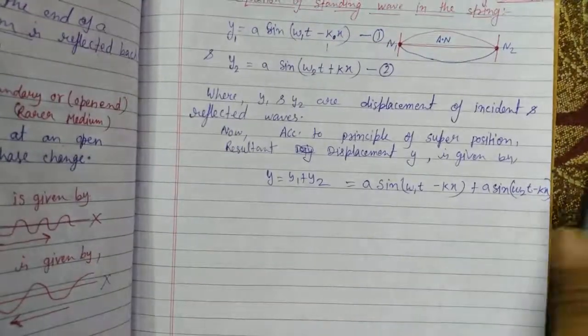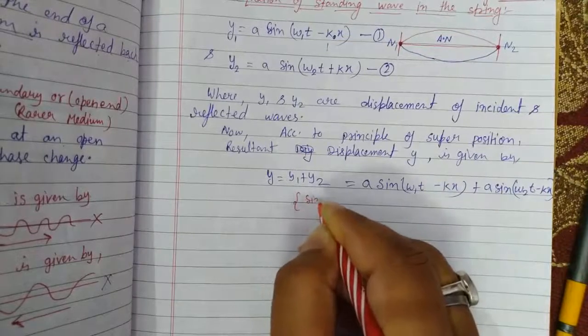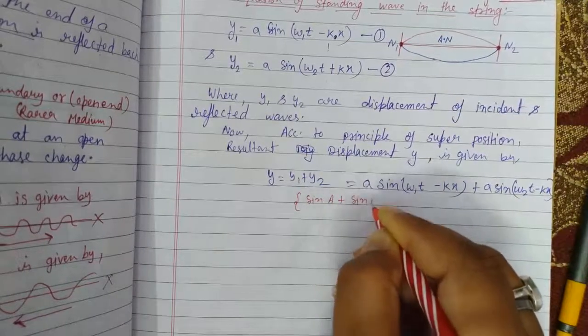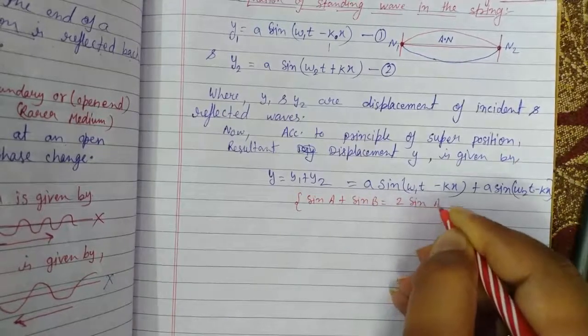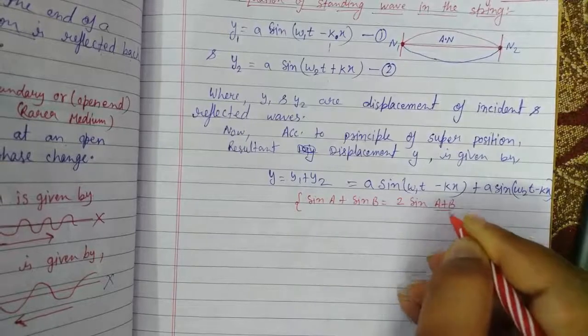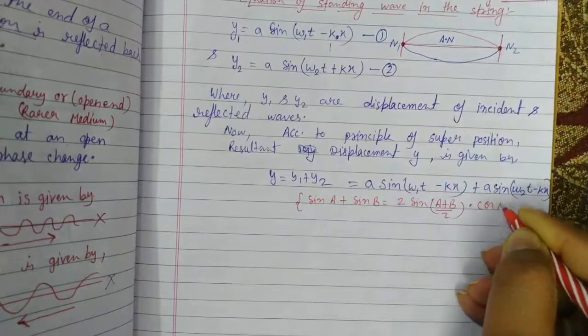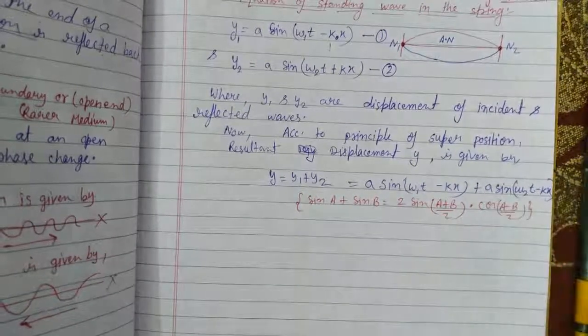Now students, we have the formula: sine A plus sine B is 2 sine (A plus B) by 2 into cos (A minus B) by 2.